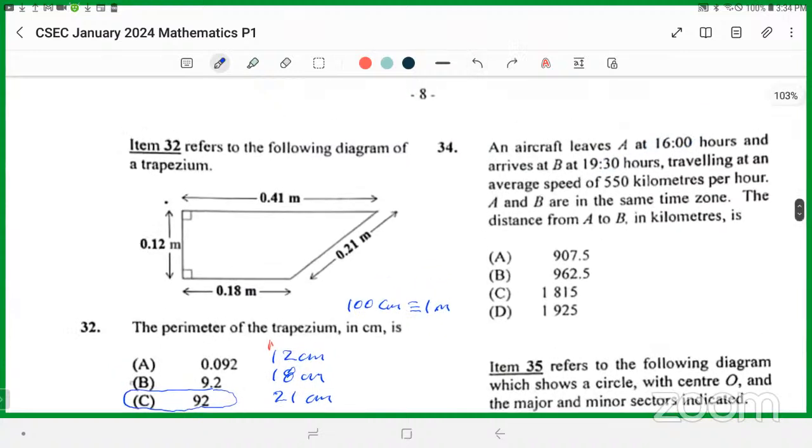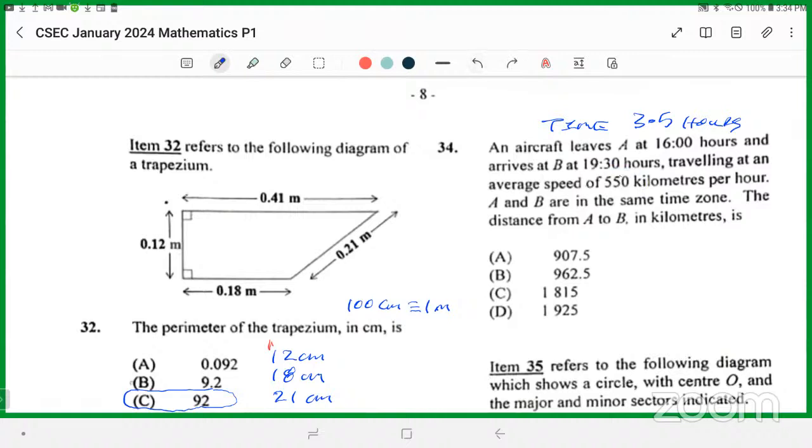So the time is 3.5 hours. That is traveling for 3.5 hours. And you have the speed.